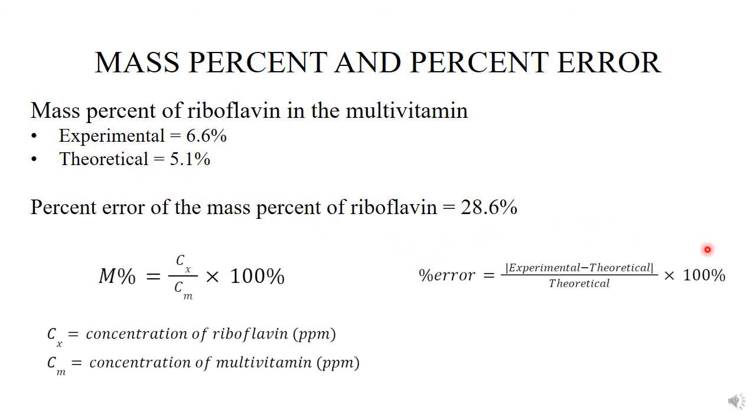The percent error was calculated using this equation. The percent error is the absolute value of the experimental minus theoretical divided by the theoretical times 100%. The percent error of the mass percent of riboflavin was 28.6%.